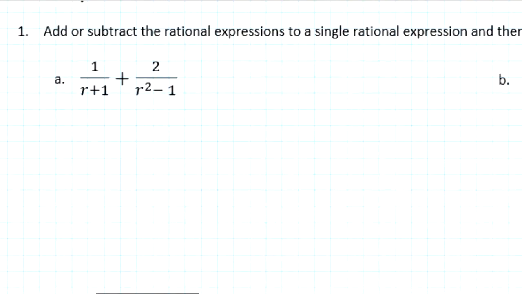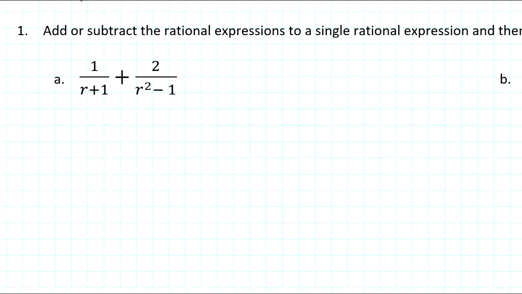All right, the first example we have is 1 over r plus 1 plus 2 over r squared minus 1. We're going to begin by factoring the denominator of the second fraction so that we have 2 over r plus 1 times r minus 1. So this allows us to see what denominators we need.